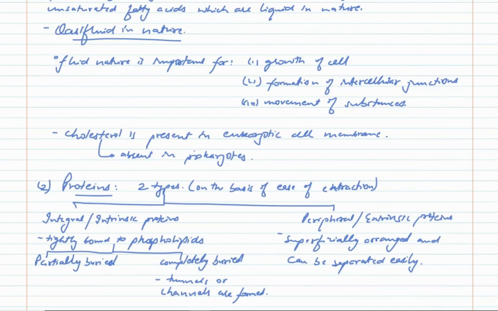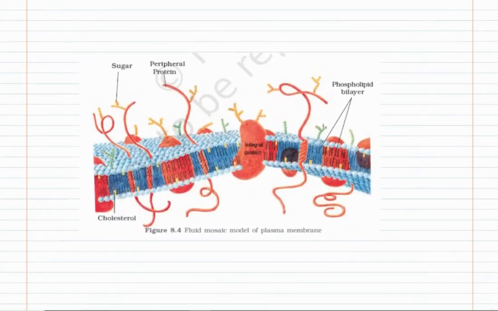Now, apart from proteins and phospholipids, certain sugar moieties are also present, which are mainly glycolipids, and they are sometimes used in recognition of a cell based on a particular sugar.